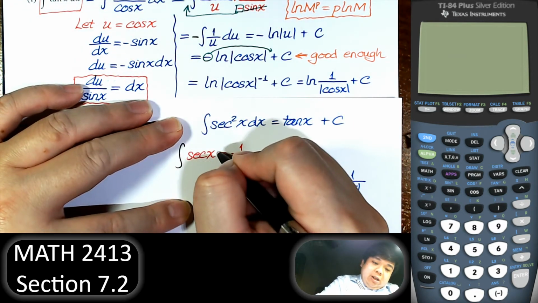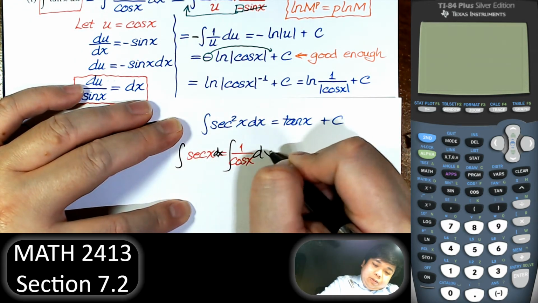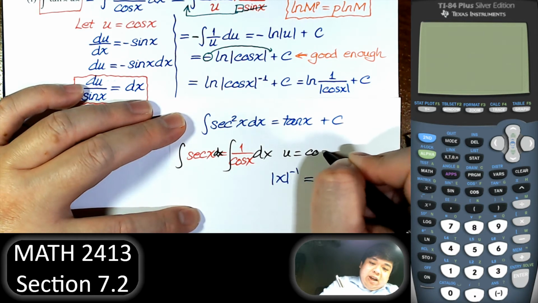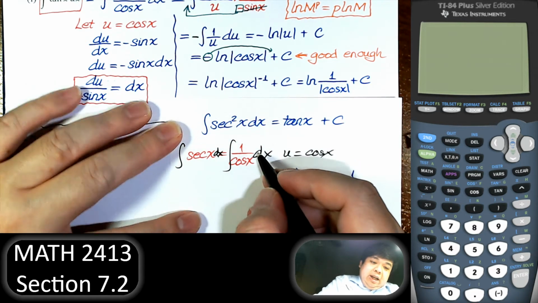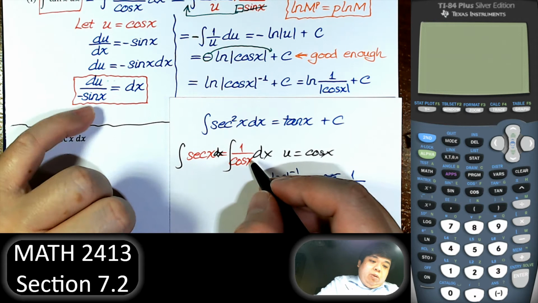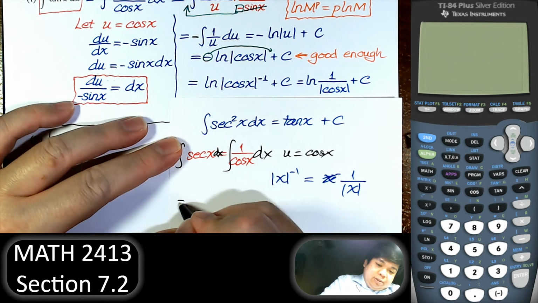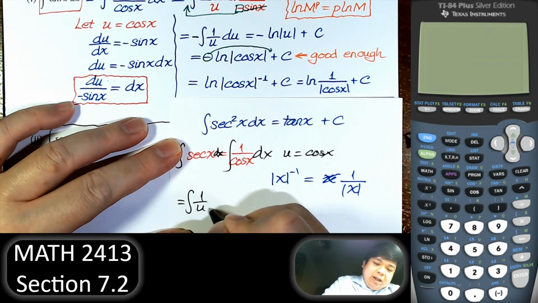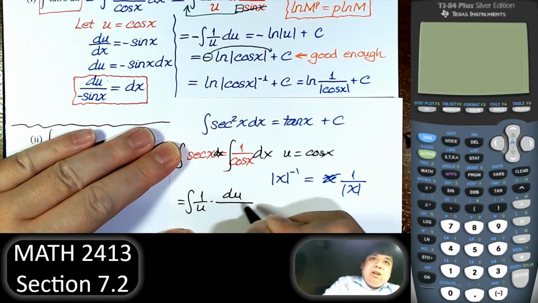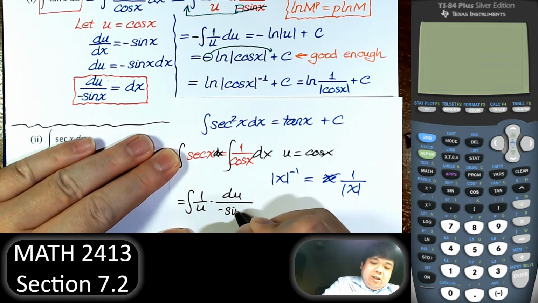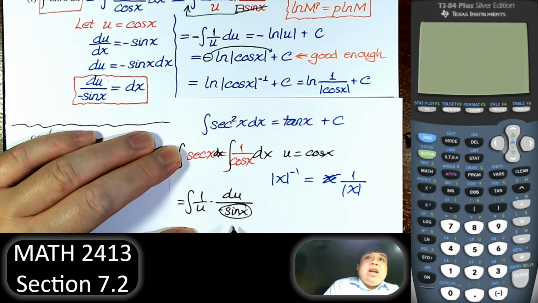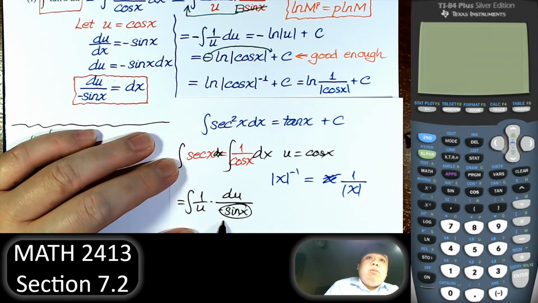So if we do that, and then u equal to cosine of x, and dx is du over negative sin x, we have this situation where the sin x here does not cancel with anything, and that is the big problem. So we cannot do it this way.